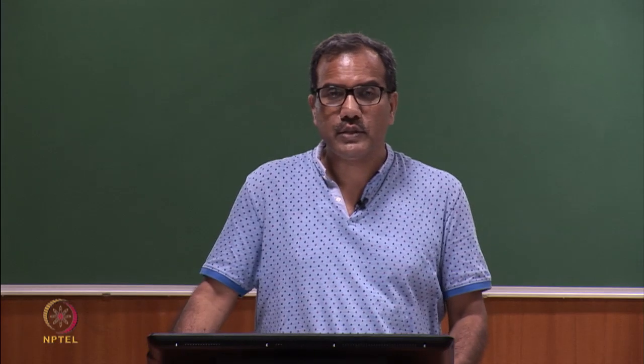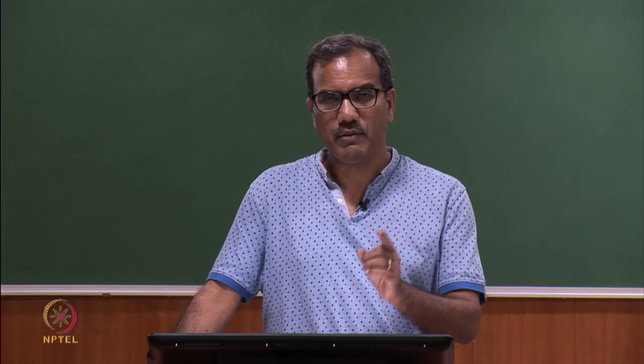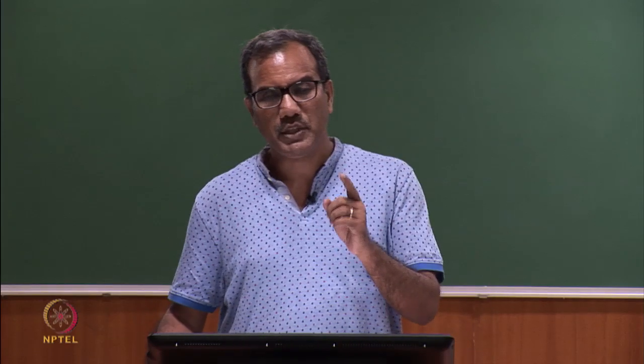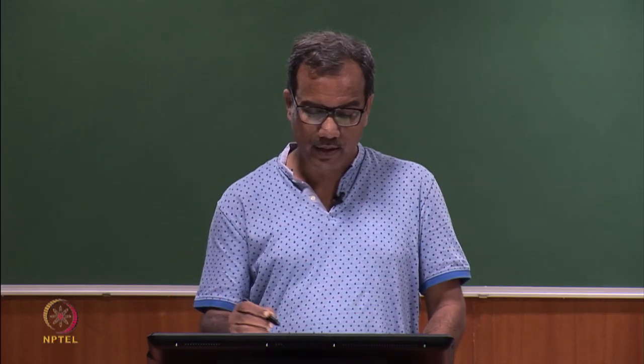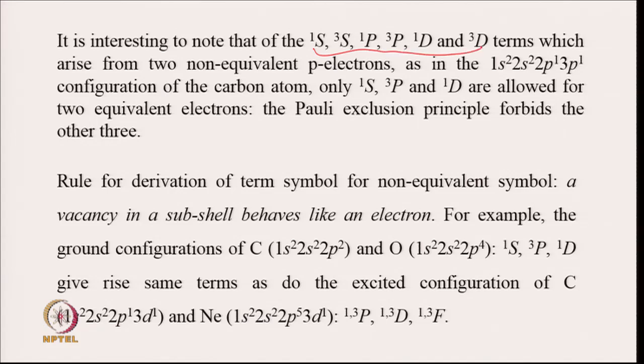So, we looked at p1d1 and p2 configurations. p1d1 corresponds to non-equivalent electrons and p2 corresponds to equivalent p electrons. What is interesting to note is that the terms which arise from two non-equivalent p electrons, as in the case of 1s2 2s2 2p1 3p1 or 3d1 for the carbon atom, are more numerous.